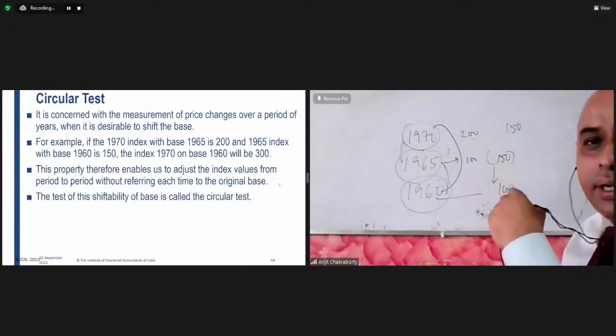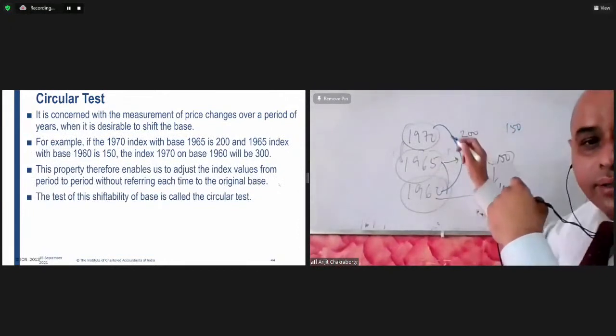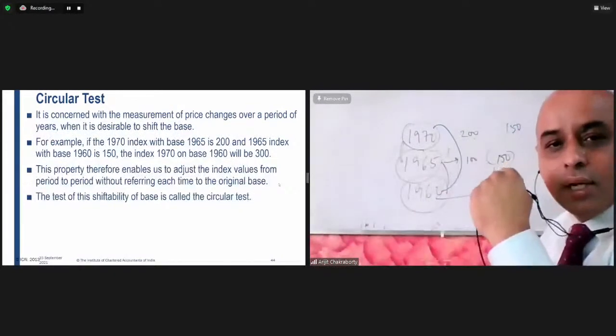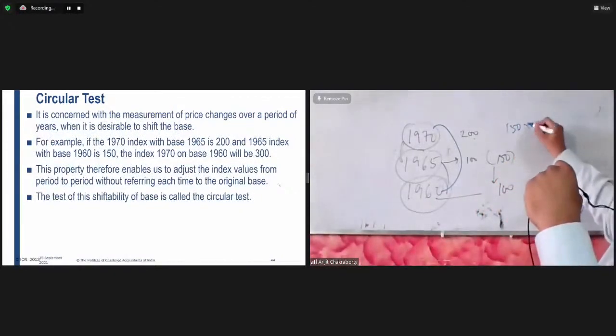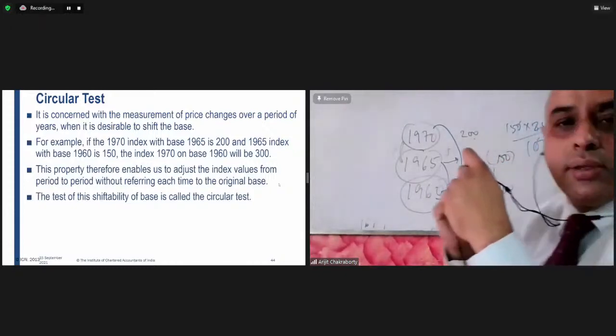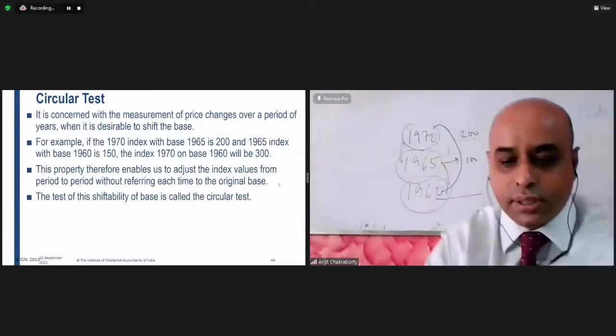So if you shift the base, shiftability of the base, what will happen? It will become 150 into 200 divided by 100. That means 1 cancels and this 0 cancels. So we are getting 15 into 20, that is 300. Okay, so this is the circular test.